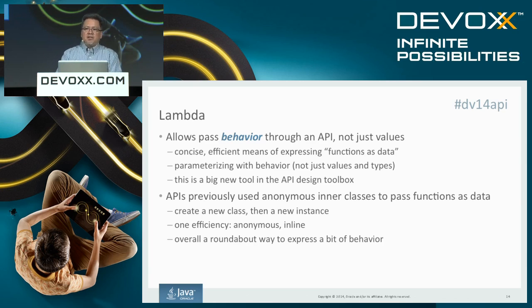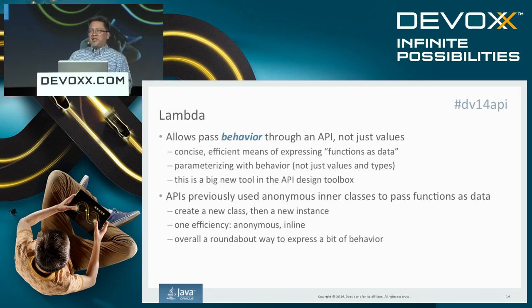A variation of this is called functions as data. It's a different way of expressing the whole point of Lambdas. You can express functions as data, you can store them in data structures, pass them as parameters, and return functions as return values from other functions. So this is a huge tool in our API design toolbox.